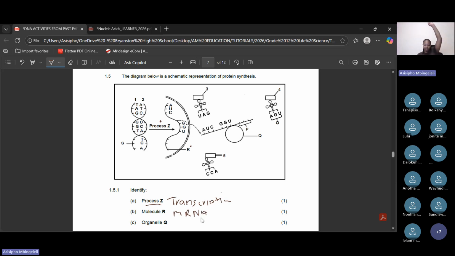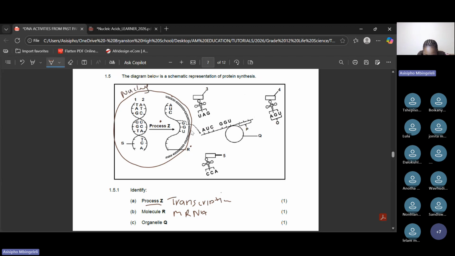Let me break this down before I continue. This diagram represents protein synthesis, and you should be able to see that both processes, stages or phases of protein synthesis are represented here. This first part is representing transcription, and you are able to see that by these lines. That's a nuclear membrane, so this is taking place in the nucleus.